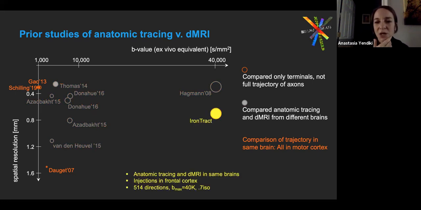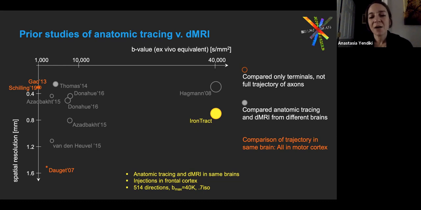The data that I'm going to talk about, that we used also in the Iron Track Challenge, we have anatomic tracing and diffusion MRI in the same brains. We have injections in different areas in the frontal cortex that follow these very complex different routes from the frontal cortex to other areas of cortex as well as the subcortex.